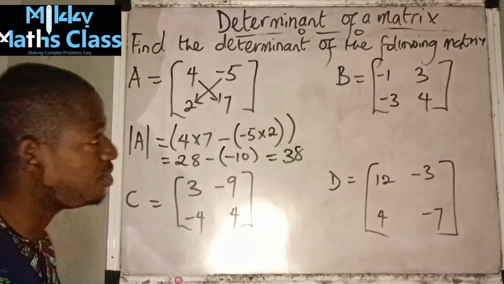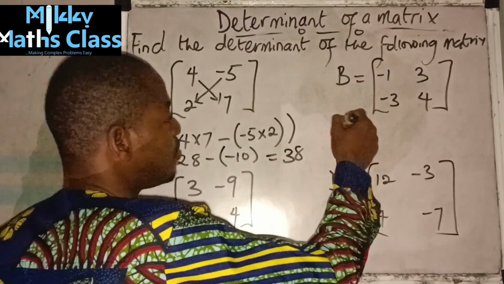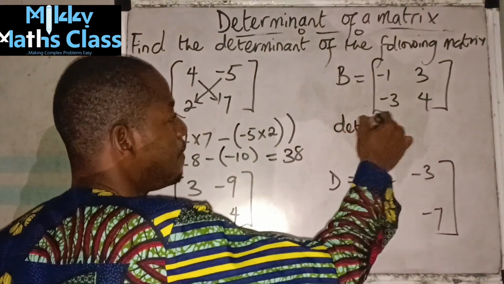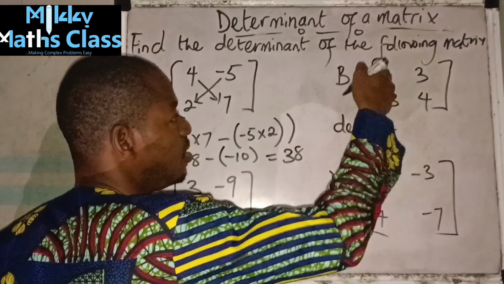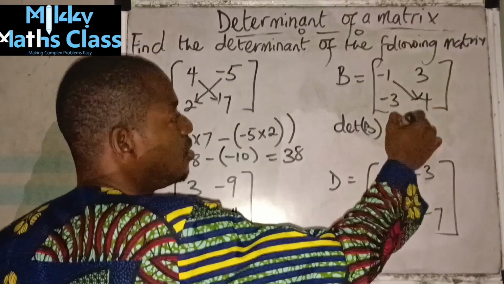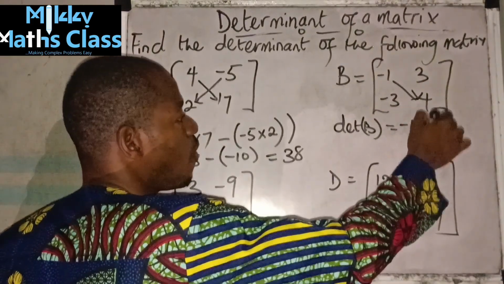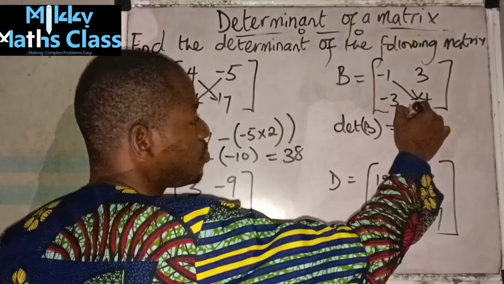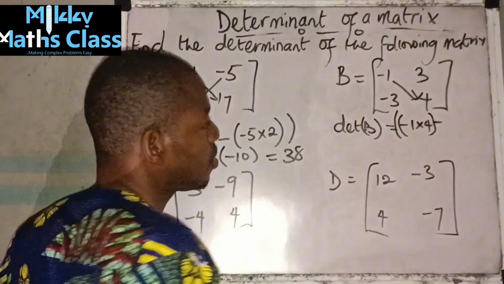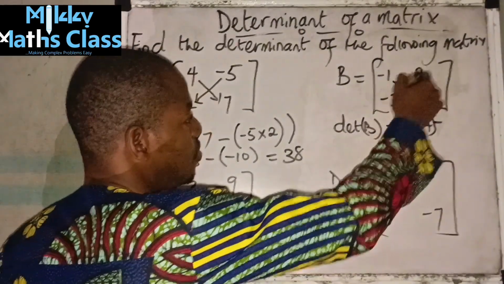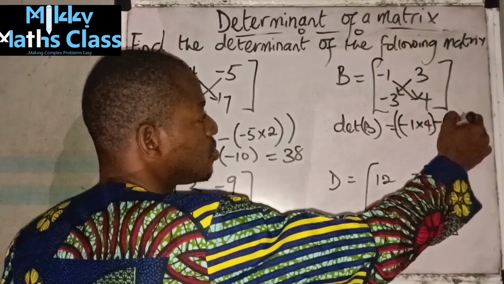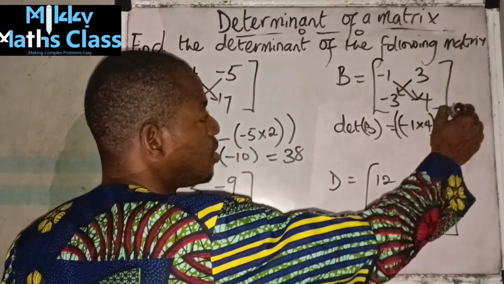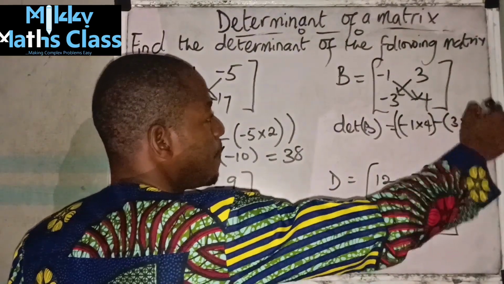Let's move to matrix B. The determinant of matrix B is equal to, we go again, this times this, negative 1 times 4, then minus this times this, negative 3 times negative 3.